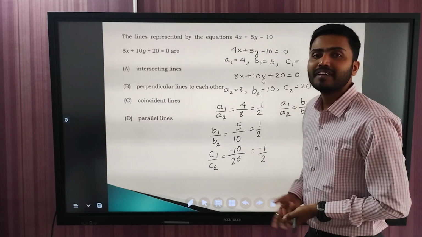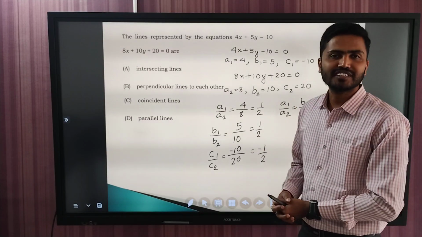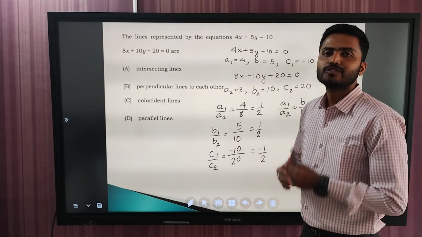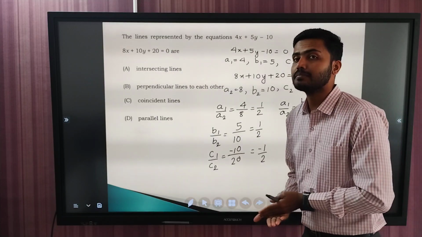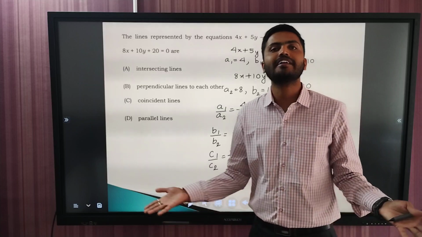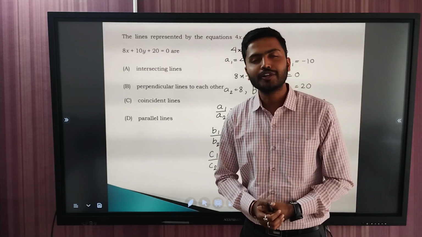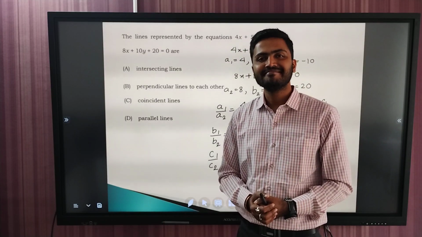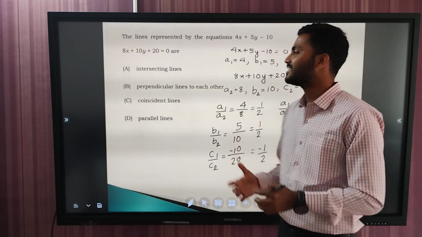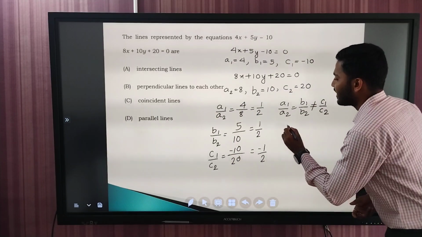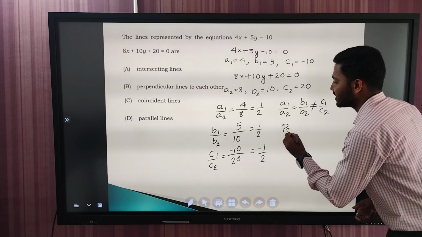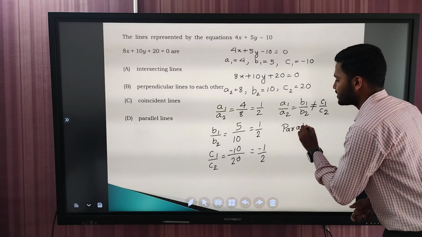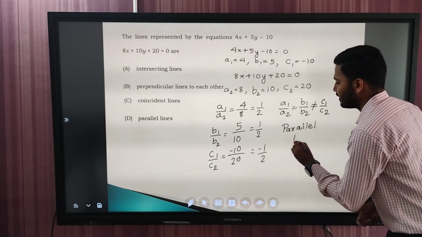Correct? So now my dear students, what kind of a solution is this? What do you think? So if a1 by a2 is equal to b1 by b2 but not equal to c1 by c2, what do you think the solution will be? Yes, you are right. It is going to be parallel lines. Okay, so whenever we are having such a condition, the two lines are going to be parallel lines.